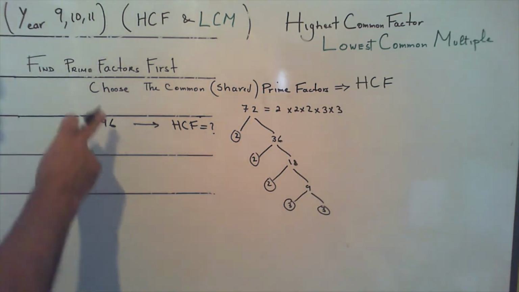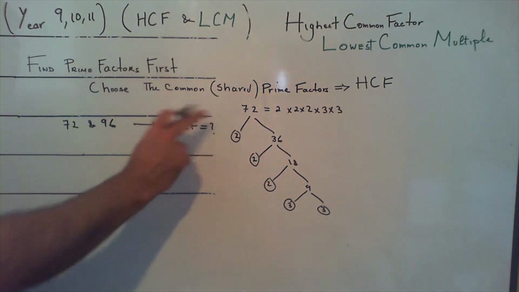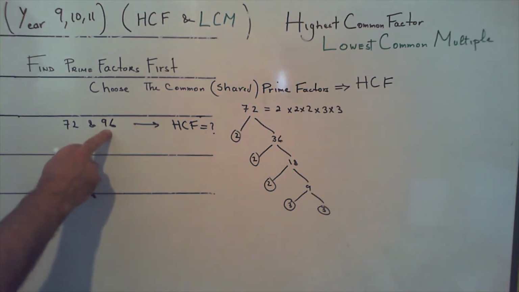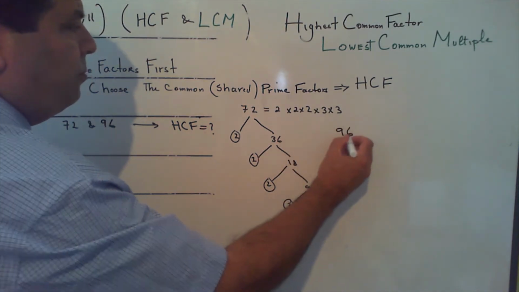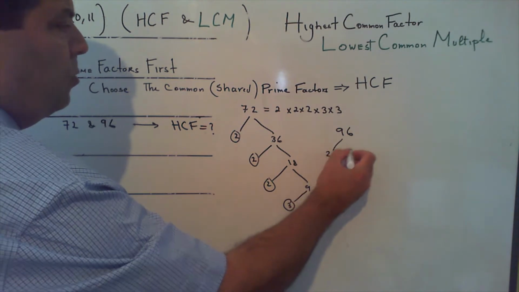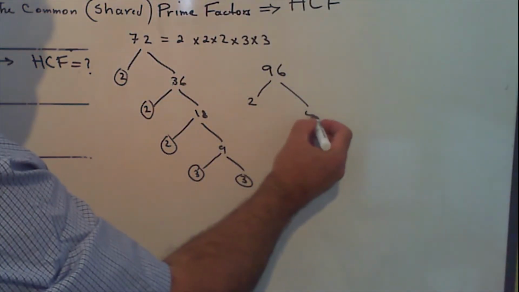As we said, we do the prime factors first. I've done the prime factors first, okay? And I have to do the same for my second number, 96. Can I divide by 2? 96 divided by 2 is 48.